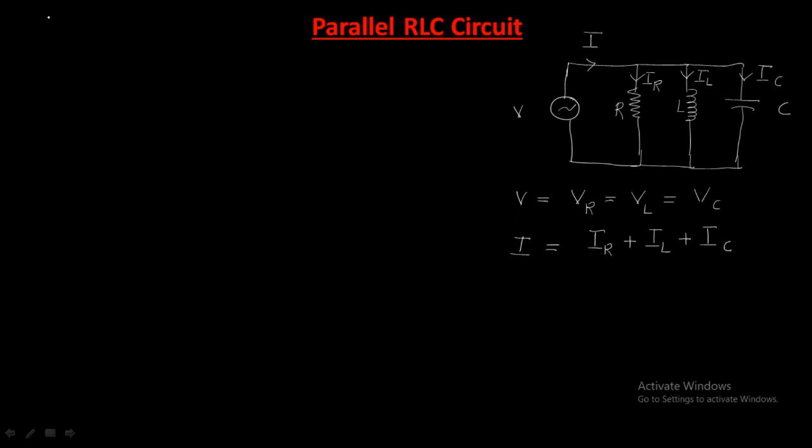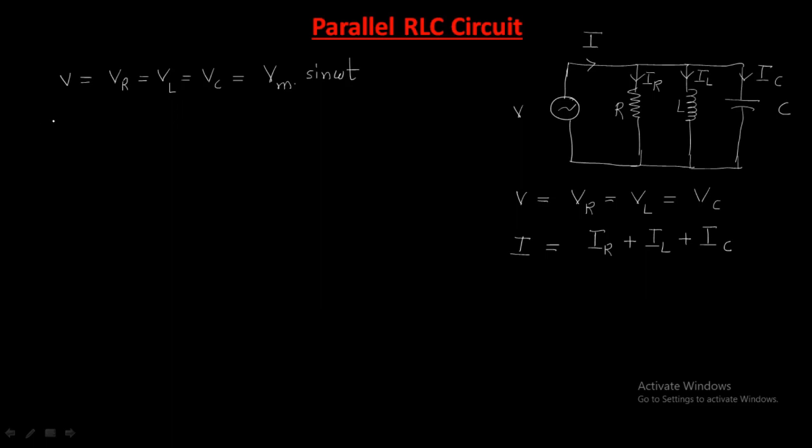First, the voltages are all the same. Just note down that the supply voltage is equal to the resistive voltage, the inductive voltage as well as the capacitive voltage. Assume that it is Vm sin omega t. And find out each and every current here.